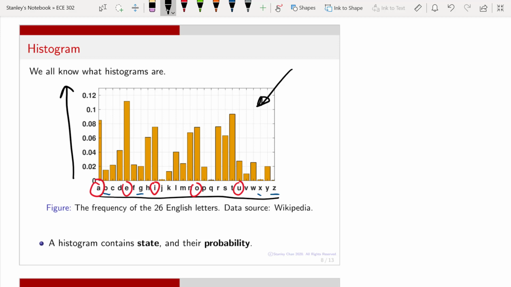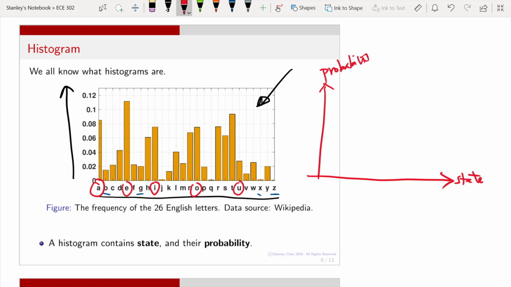Now, the histogram here has a very, very good similarity with a probability mass function. Why is that? We recall that a probability mass function has states, and then we have probabilities. The states are all the possible choices that you can have.